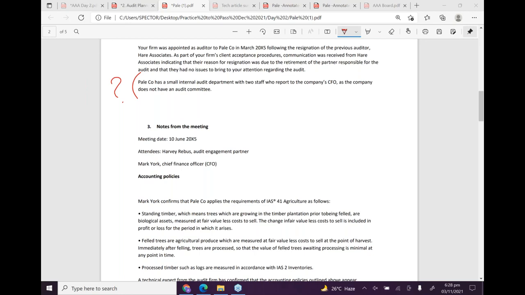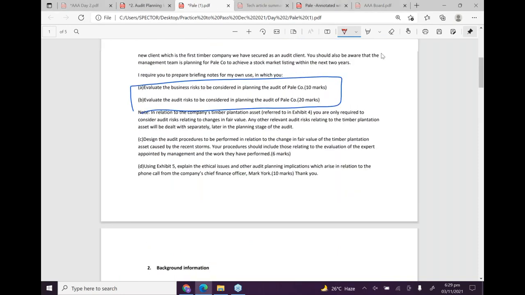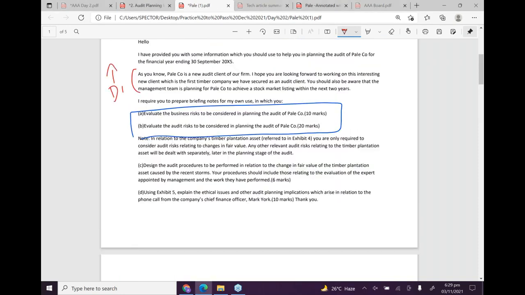New client, lack of experience, lack of understanding of the client, and therefore high DR. So if I just look over here, I'm just going to share this, and you've correctly identified high detection risk because of the new client. So yep, perfect.